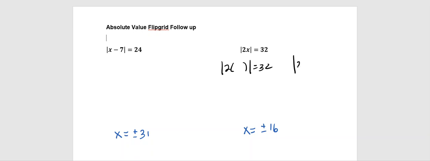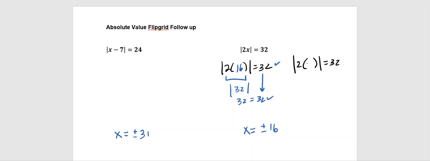I'm going to go back, and if this solution is indeed correct, that x is either positive or negative 16, then when I put 16 in here, I do 2 times 16 and get 32, for which I now find the absolute value of that, 32 equals 32. So we're happy with that one solution.